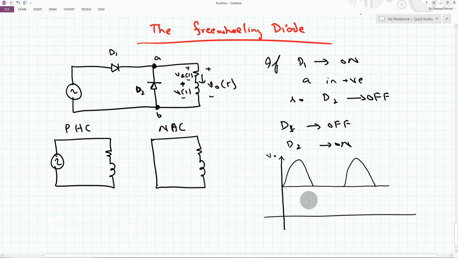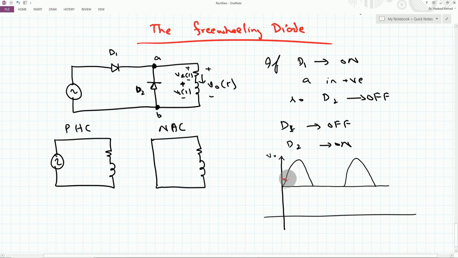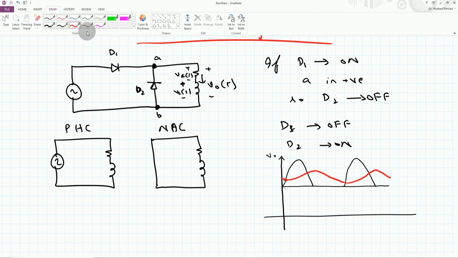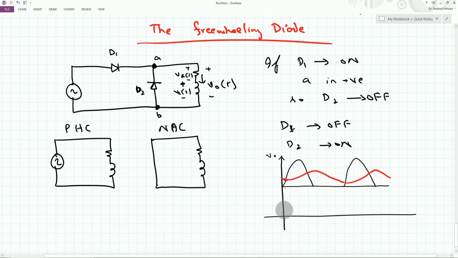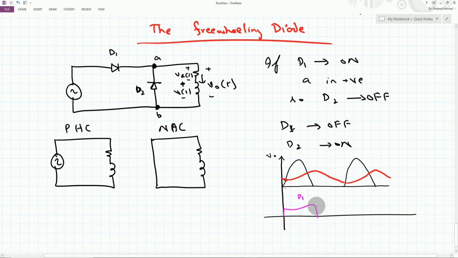Here, if we have a continuous output current, just like the inductance studied in the DC to DC converter, here we also have the continuous and discontinuous mode of operation for a rectifier. So for a continuous conduction mode of operation, this is the waveshape of the diode D1, and for the rest of the time, this diode D2 actually conducts, which is something like this.